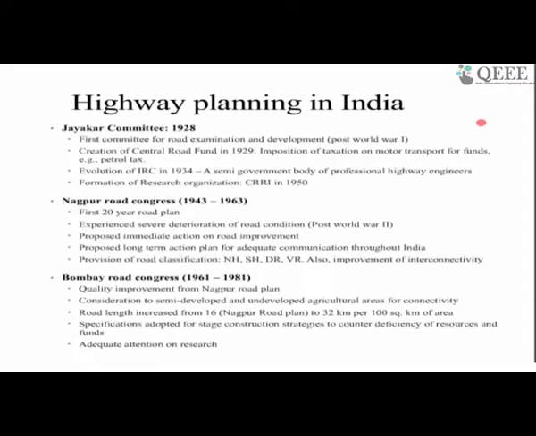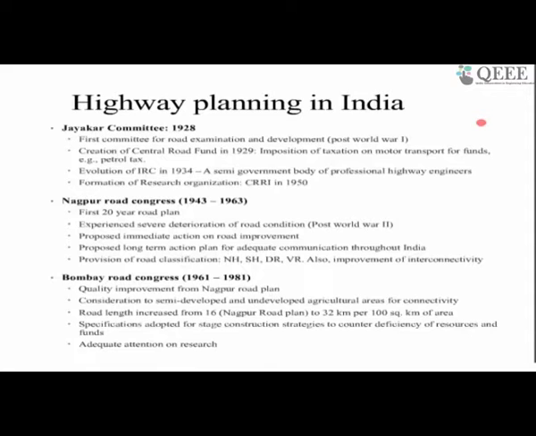the Bombay Road Congress. By this time they had already started improving the condition of the road by restoring it and doing proper maintenance. However, what came up was the quality, and this was the main discussion point of the Bombay Road Congress: quality improvement.